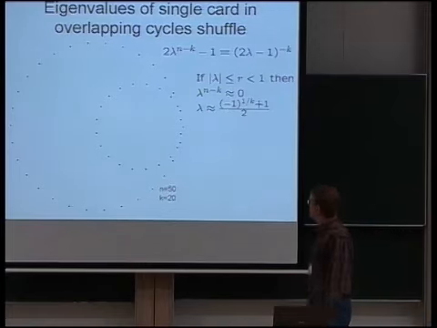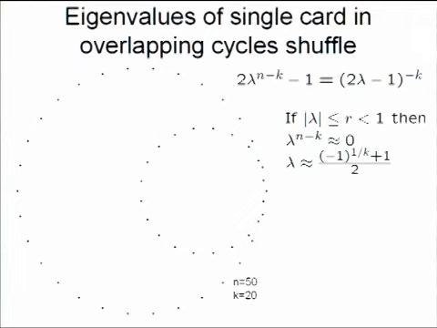All right, so suppose that we have some fixed constant like 0.99, and suppose that the modulus of lambda is less than this fixed constant.